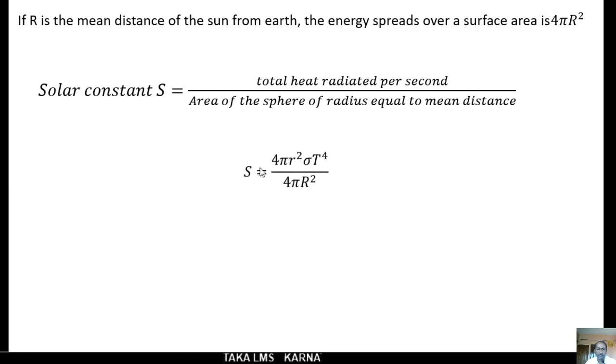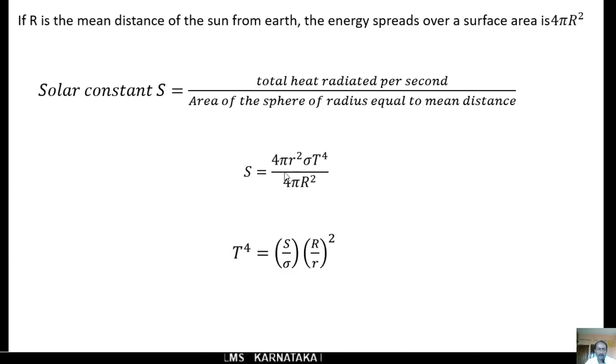Therefore, you can substitute the total heat radiated per second from a perfectly black body according to Stefan's formula, 4 pi r squared sigma T raised to 4, divided by the area of the sphere of radius equal to the mean distance, 4 pi R squared.